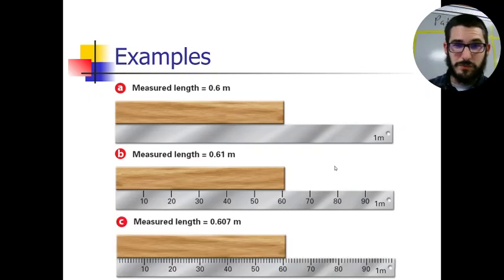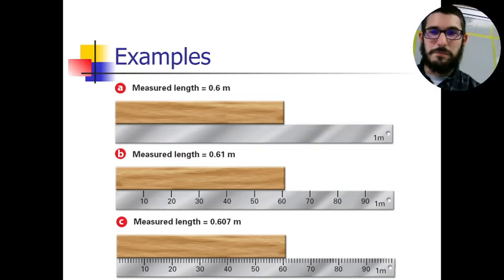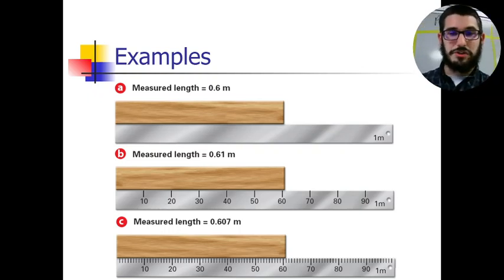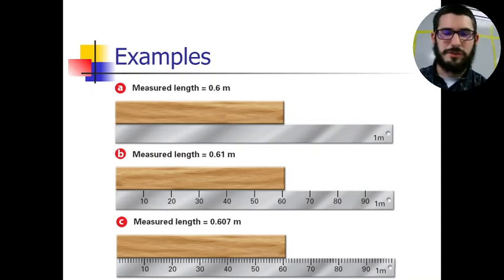And if I had my millimeters or my centimeters measured out, then I could get to 0.607 meters, because I can measure one estimated digit more than what my graduations show.